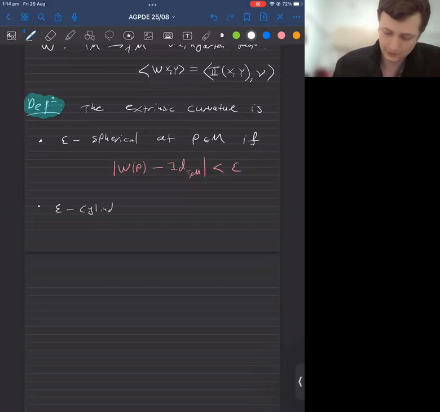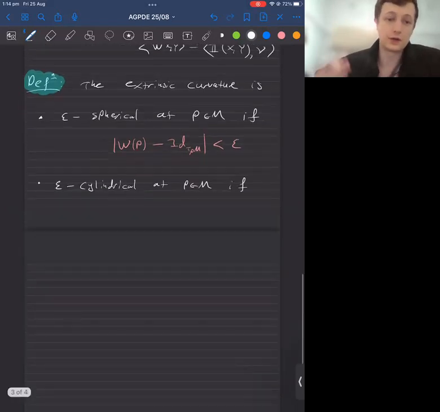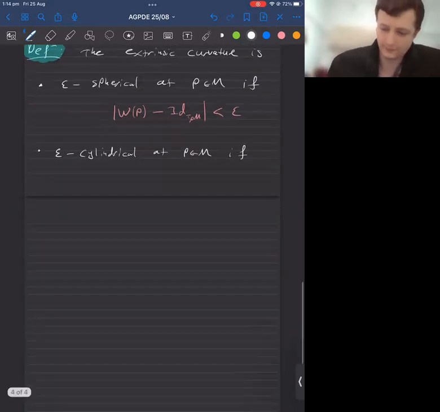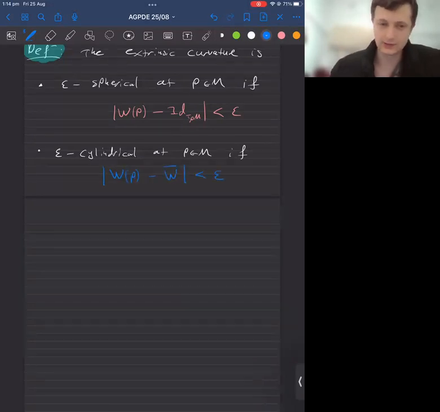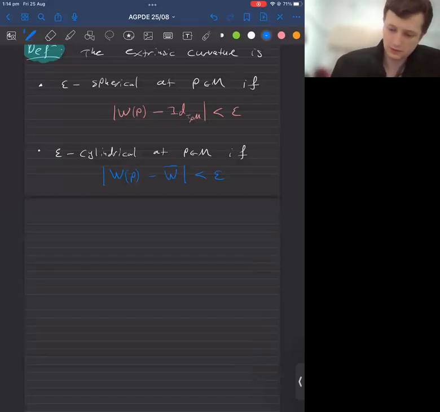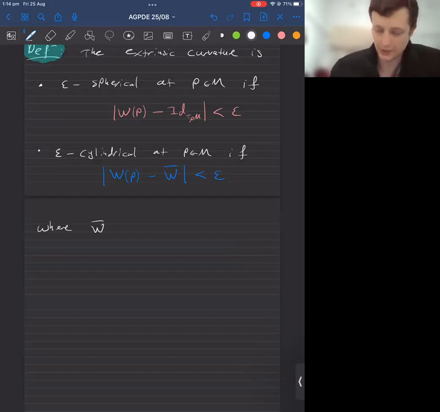Epsilon cylindrical if, well, the Weingarten map looks like that of the cylinder, right? So let's do blue maybe. So |W_P − W̄| is less than epsilon, where this is just the Weingarten map for the cylinder, right?